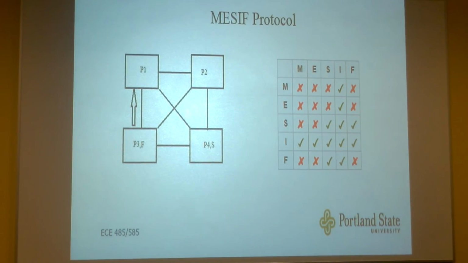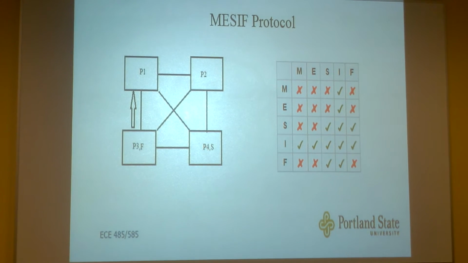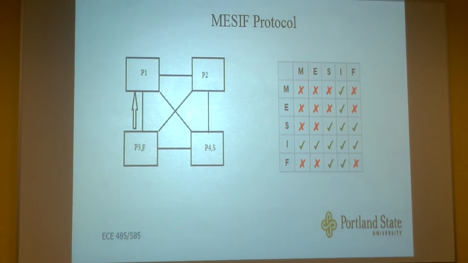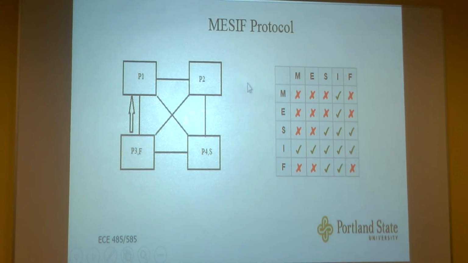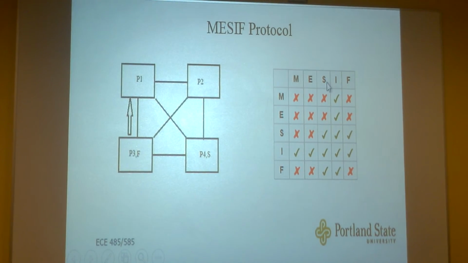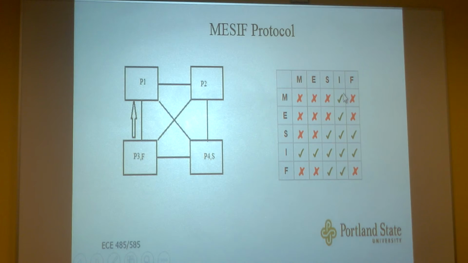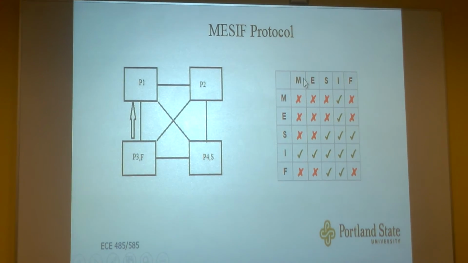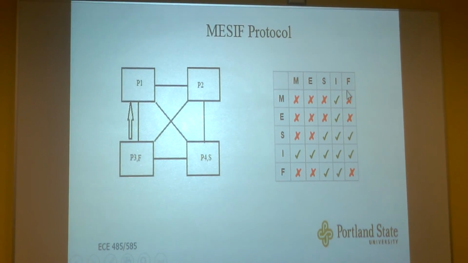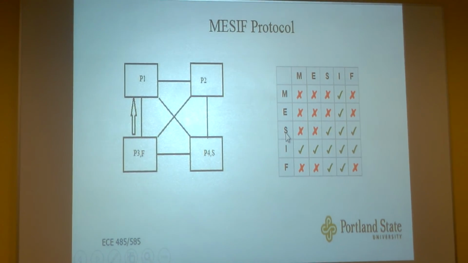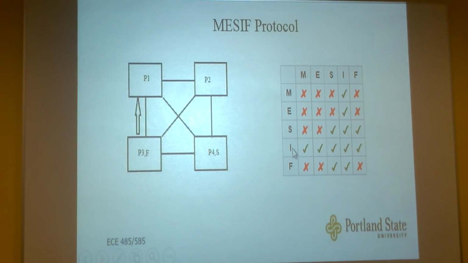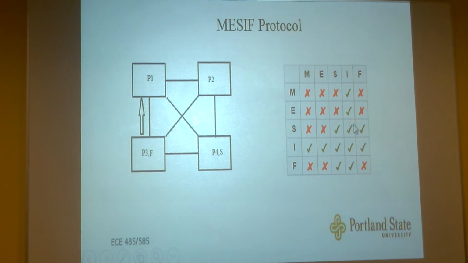That means it has the most recently accessed data. With this truth table, we implement it. We can see that a processor in the forwarding state enables other processors to be in a shared state or invalid state.